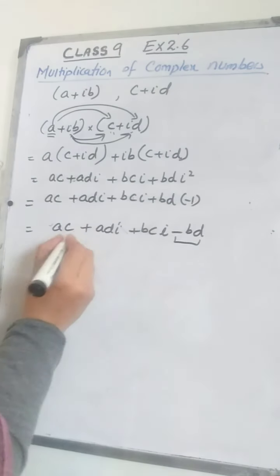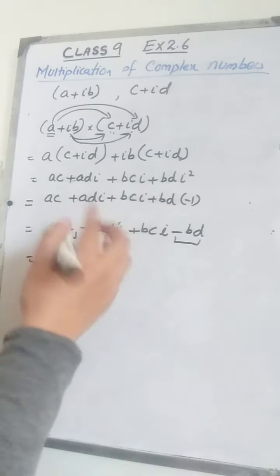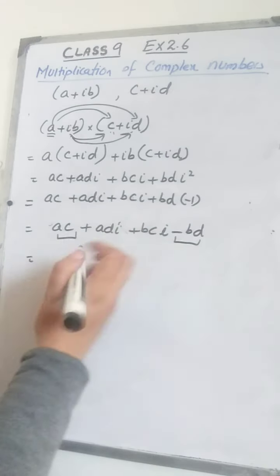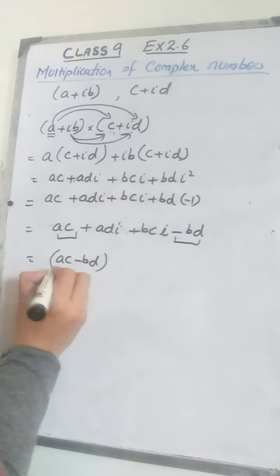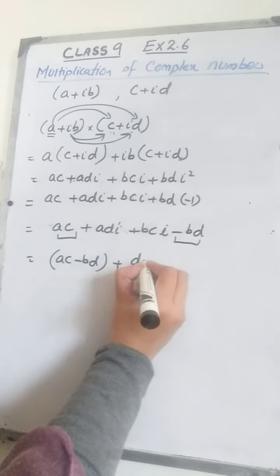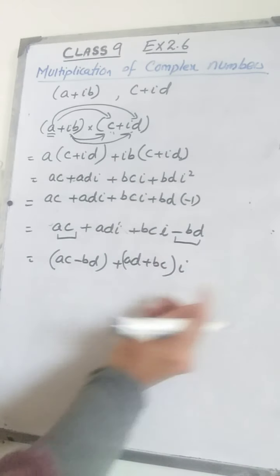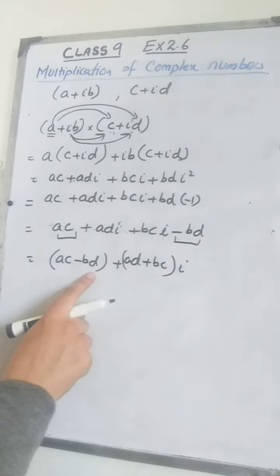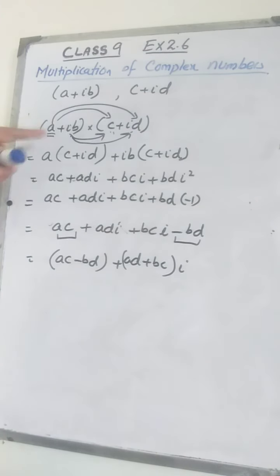Now we know that this term and this term are without iota, so they are the real part of the product. So ac minus bd, write it together because it is the real part, and here taking iota common from these two, ad plus bc iota. This is the imaginary part and this is the real part of this complex number. So this is how you multiply two complex numbers.